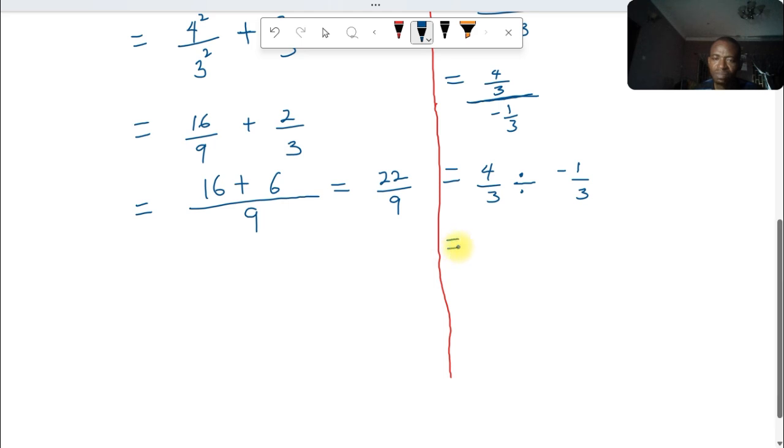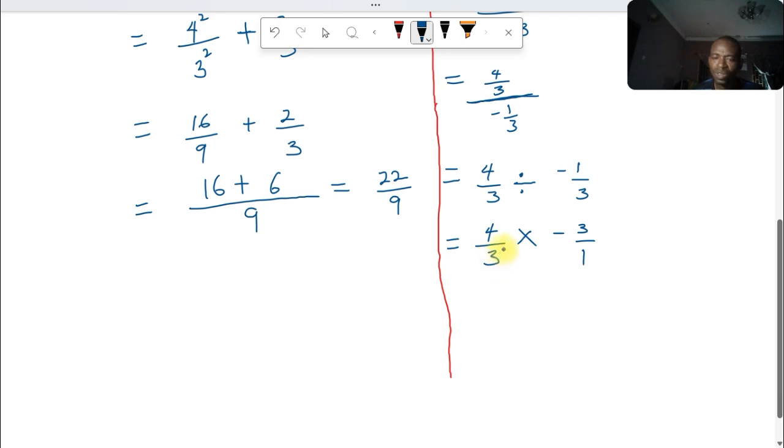And don't forget, we are back to primary school now. We have to change this to multiplication. We take the reciprocal and twist this around. We have negative 3 over 1.